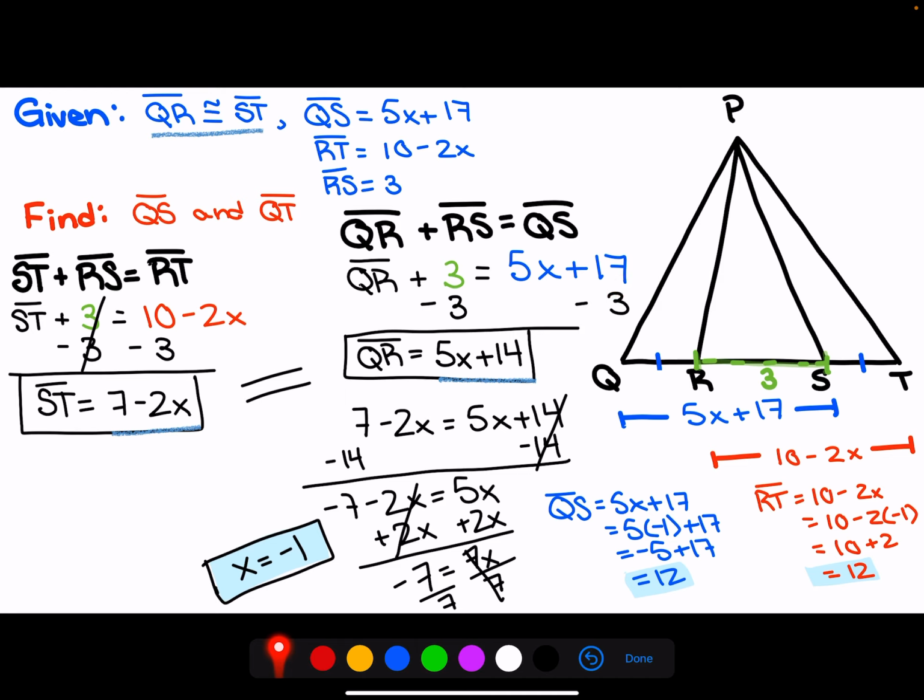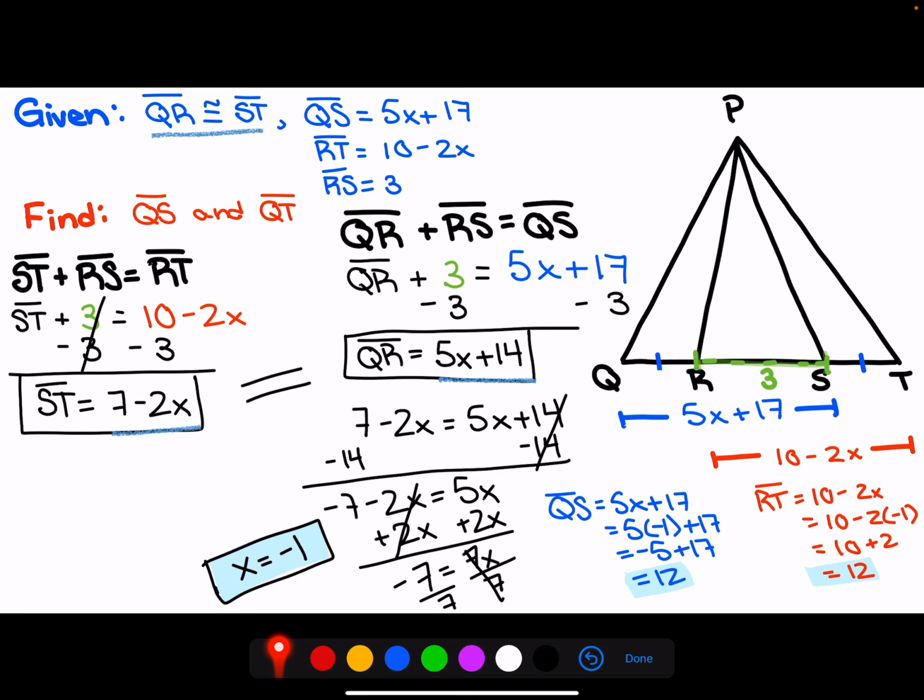Now, from here, I want to solve for QR. So I subtract 3 from both sides, and I have QR is equal to 5x plus 14. And I'm just going to leave that here. Now, I see QR is congruent to ST, so I want to solve for ST as well. Now, if I go over to my other segment, RT, I can see that's equal to 10 minus 2x. RS is still 3.